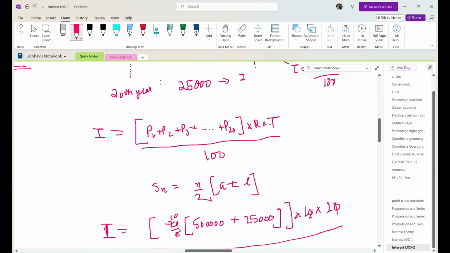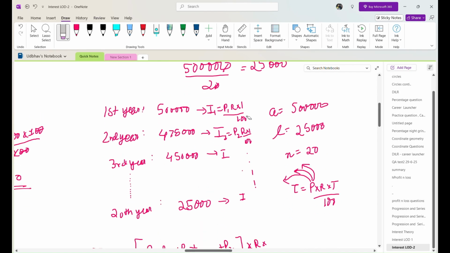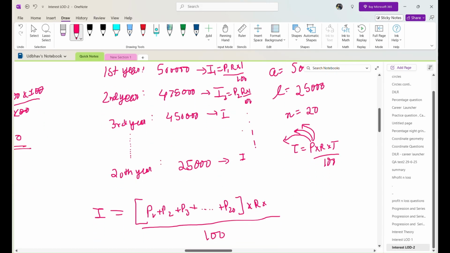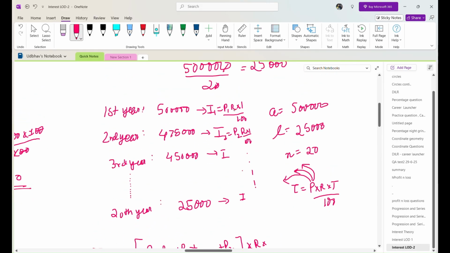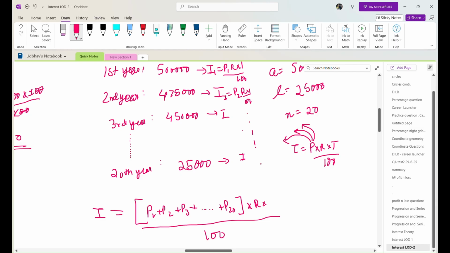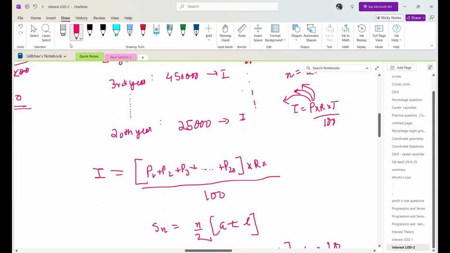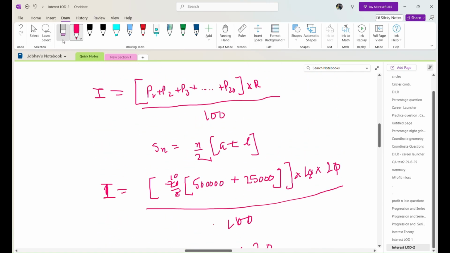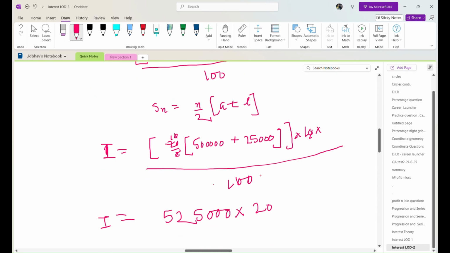This T won't be here, I guess, because when we add all of these, every time it is only 1. So when we add, it's only P1R upon 100, P2R upon 100, P3R upon 100. So there won't be any T. That's why this 20 is coming extra. So this T will go here.